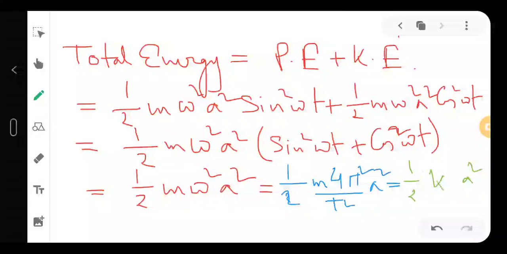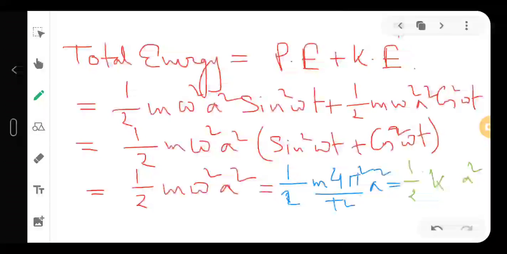So if I know the value of k, somehow experimentally, and if I know the amplitude, then I can easily find out the total energy of the oscillating system. Now let us find out the time period also.